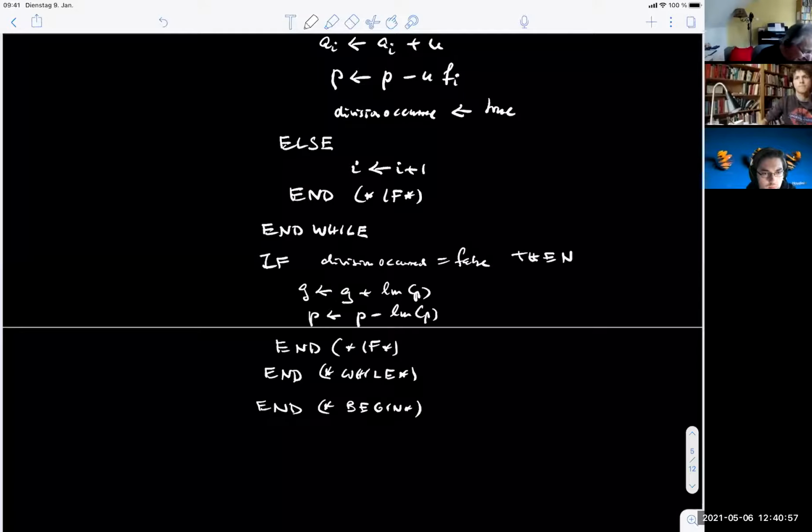Whenever you have such a statement of an algorithm, there should be a theorem about it, and it says the algorithm terminates first.